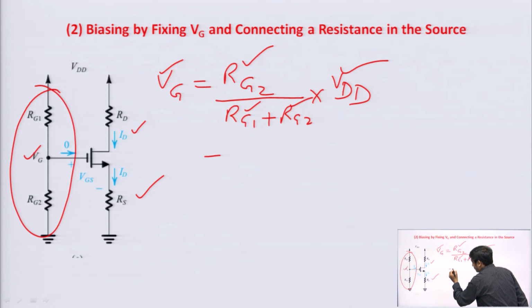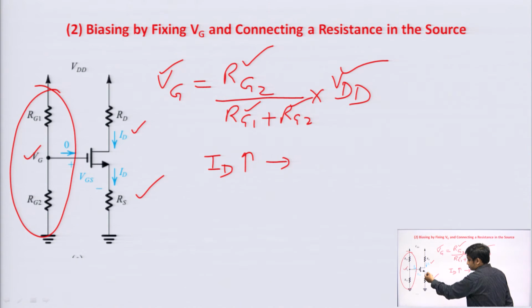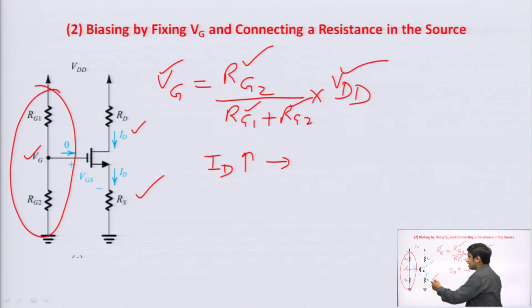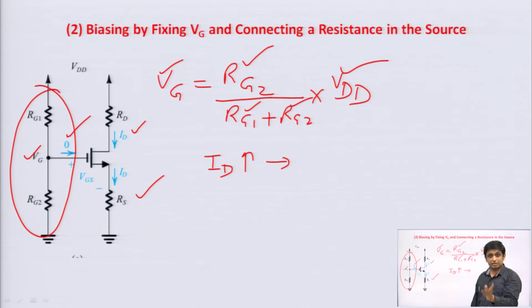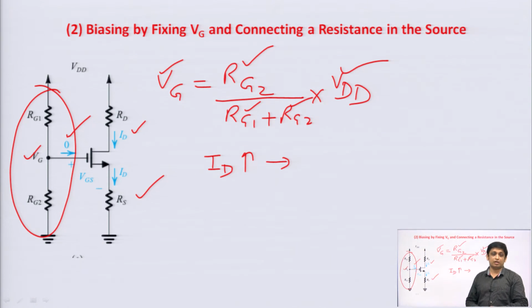Now, see, if due to any reason your drain current ID increases, then of course your source current will also increase, because in MOSFET your drain current is equal to source current, since the gate current is 0. The reason is that there is an insulator layer, a SiO2 layer, and that is the advantage of the MOSFET in comparison with BJT.